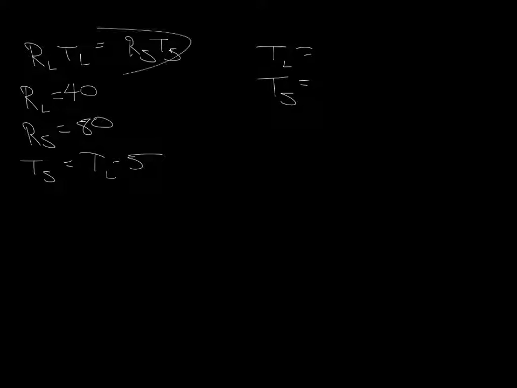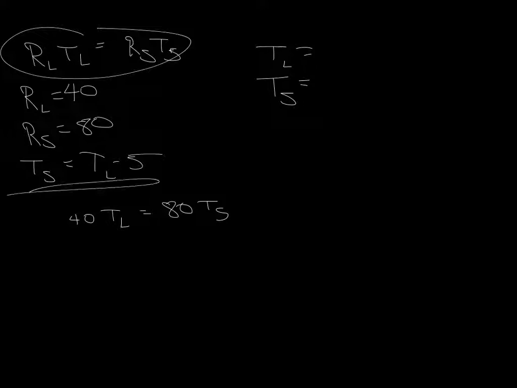So let's take our original one up here and put what we know in there. Don't know what TL is. I know RS is 80. Okay. But what do I know about TS? It equals TL minus 5. So instead of a TS, I'm going to put that in there.